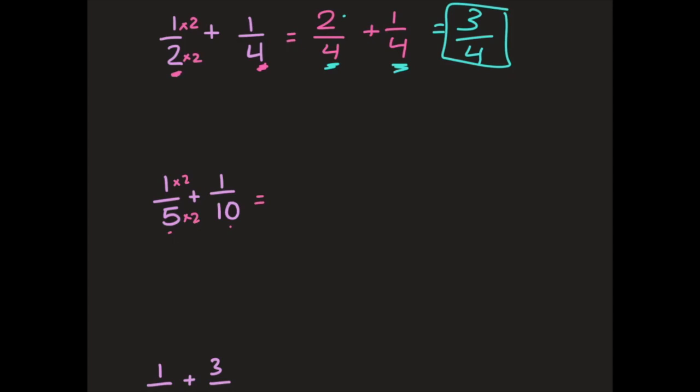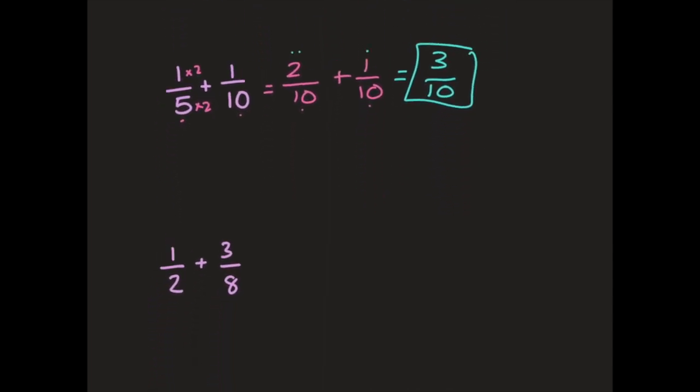So I'm going to rewrite this. 1 times 2 is 2. 5 times 2 is 10. Again, keep that second fraction the same because I already have a 10. I don't need to change that denominator. Now when I go to add my pieces, my denominator is 10. And how many do I have? 1, 2, and 3. So my answer would be 3/10.